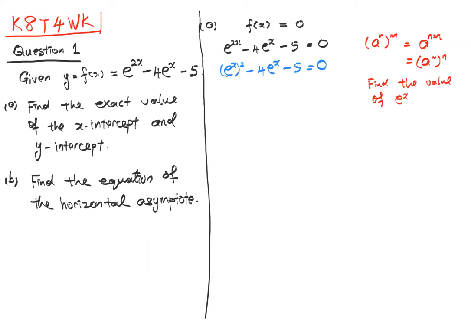So in maths, if you want to find the value of something which is very complex, we can let k be e to the power x. So it won't look complicated to you now if you replace e to the power x with k.